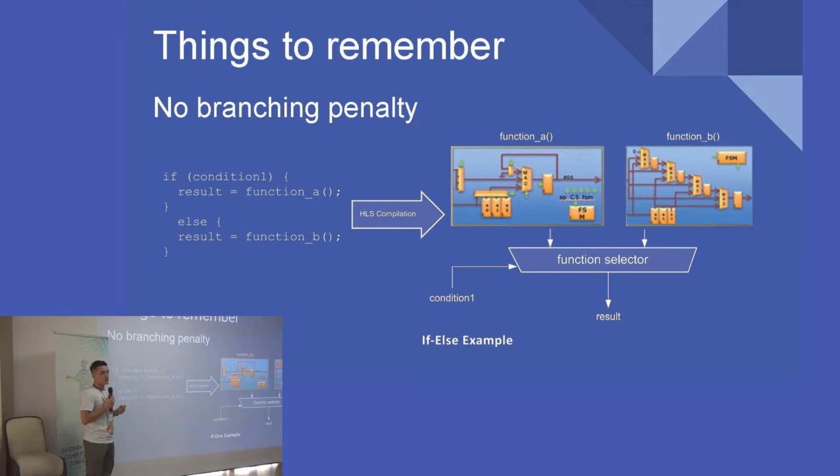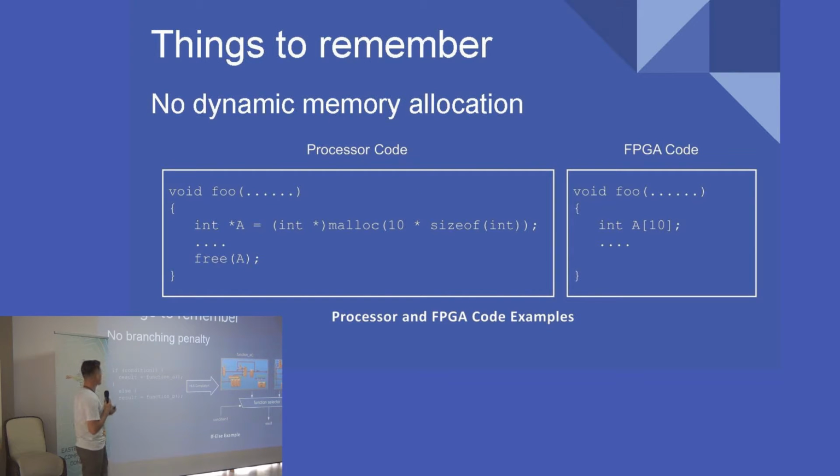This leads to performance degradation. Unlike a CPU, the FPGA synthesizes both paths in hardware and executes them simultaneously. When the FPGA knows the condition result, it simply takes one or the other answer and returns it to the caller. This allows us to forget about penalties for loops, because all loops get synthesized, and you get the right result. Since FPGA is a parallel device, there is no penalty for branching.